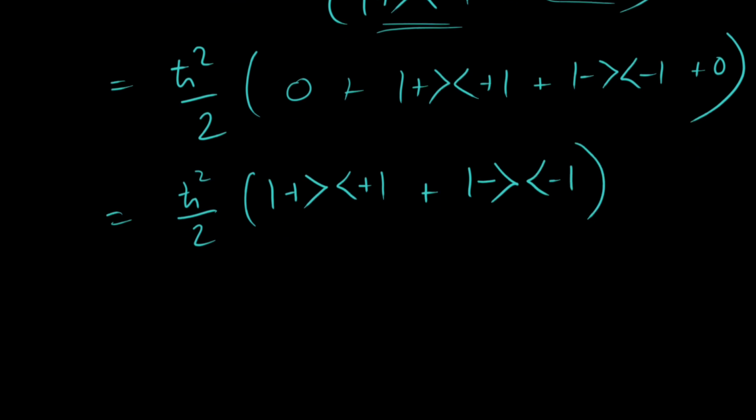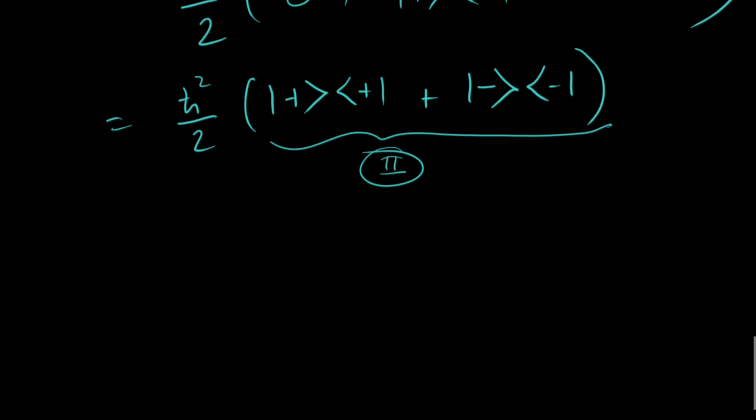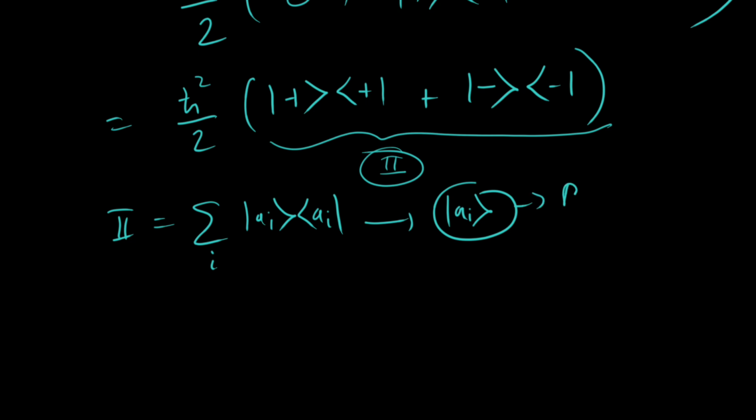Alright, so if you look at it properly, this thing here is the identity matrix, because you know that the identity matrix can be written as the sum over ai ket bra ai, where the ai are the basis kets.